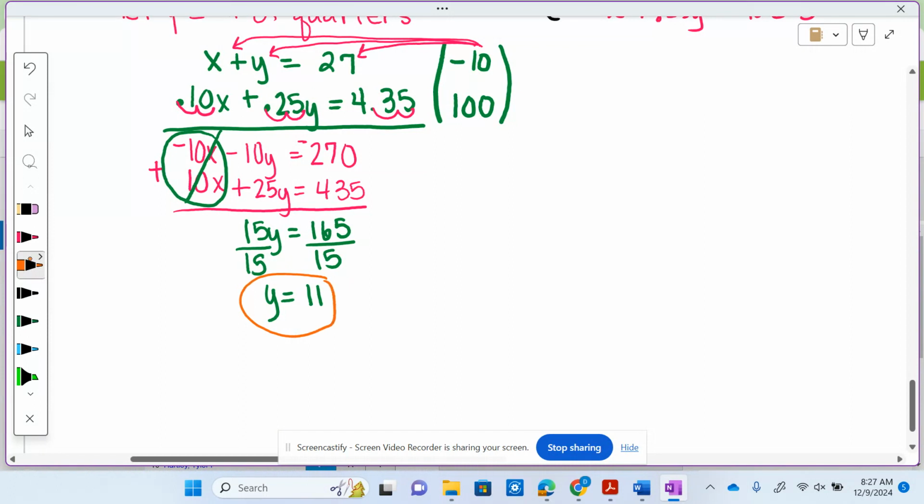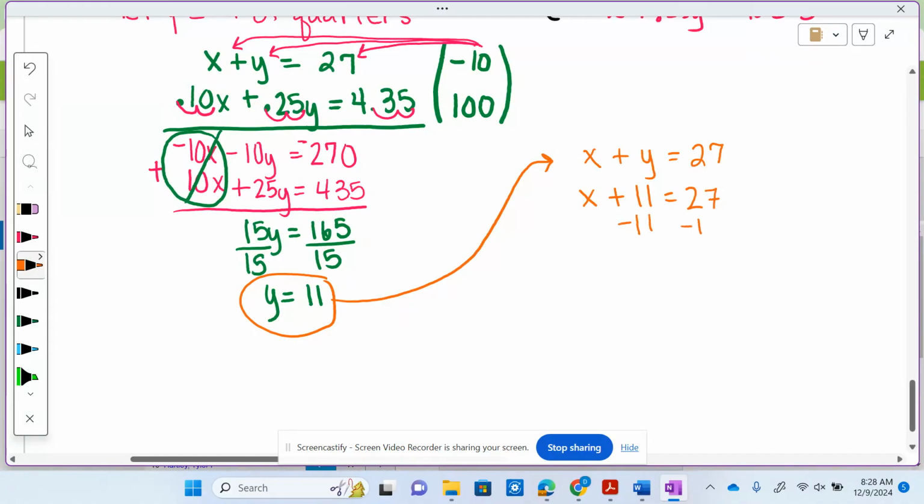How are we going to do that? Okay, do you want to plug it into that first equation or the second one? The first one, yeah. The second one has decimals. We don't want to work with that again. X plus y equals 27. But we just said that y is 11. So x plus 11 equals 27.